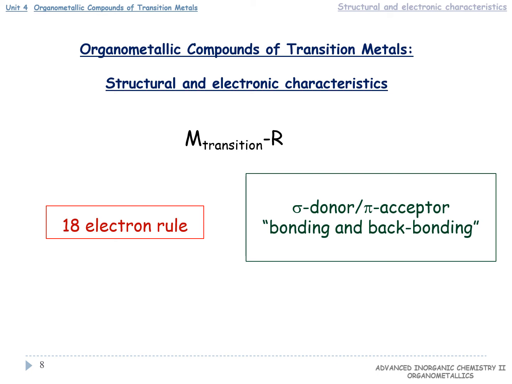Well, for transition metals, the 18 electron rule allows a similar prediction. 18 electrons are needed to fill the 5 d orbitals, 1 s orbital, and 3 p orbitals of a transition metal.